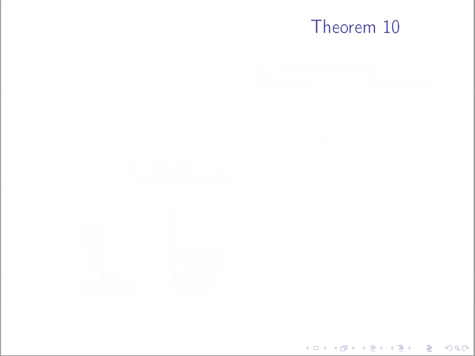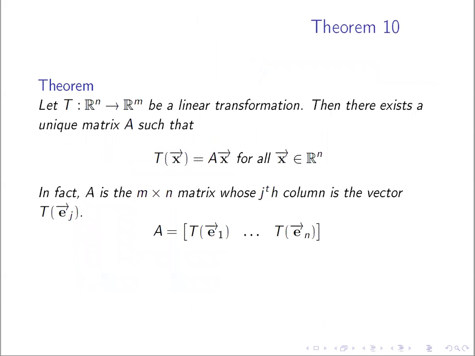Now, there's a really cool theorem about using those elementary vectors, the standard basis. And that is if I have a linear transformation, and remember, if there's a linear transformation, then there is a matrix that corresponds to that linear transformation. The interesting part is, for the first column, I simply take E1 and I say, okay, where does that go?